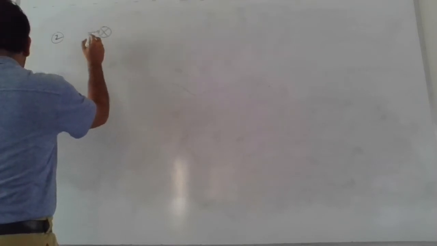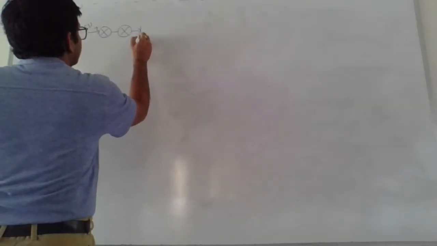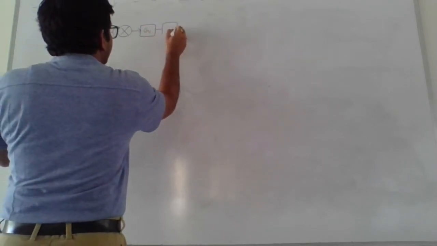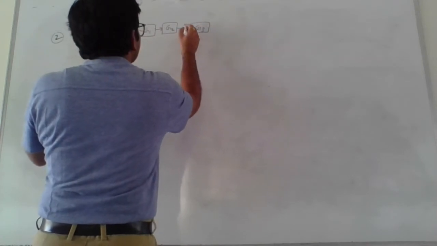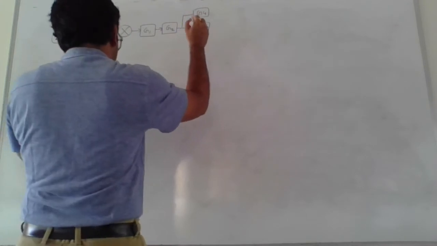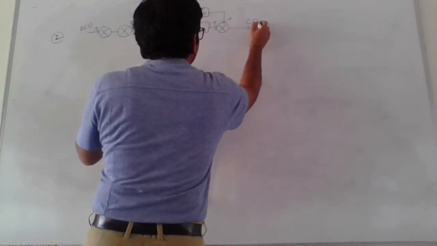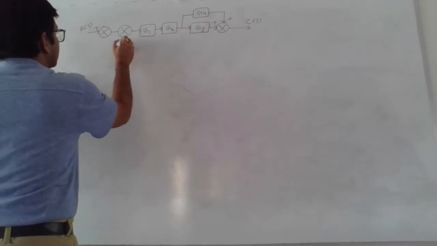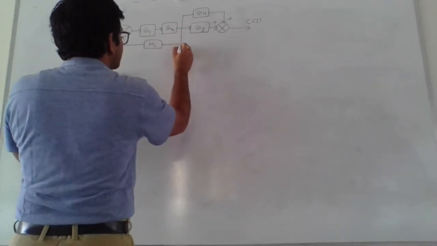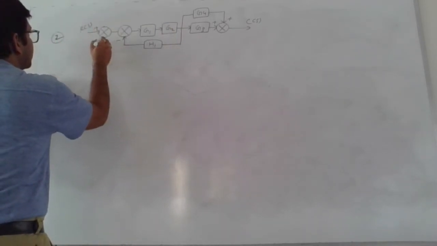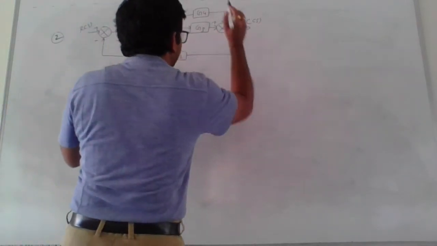Here we have a summing point to which we apply a reference input signal with positive sign, and then another summing point like this, and then we have the first block gain G1 followed by the second block gain G2, and then we have a block gain G3, and to this we have another block gain G4, and here we have a summing point, both positive, and then we have the controlled output C of S. Then we have a feedback signal H1 with negative value, connected in between these two like this, and another feedback signal of value H2, connected over here like this.